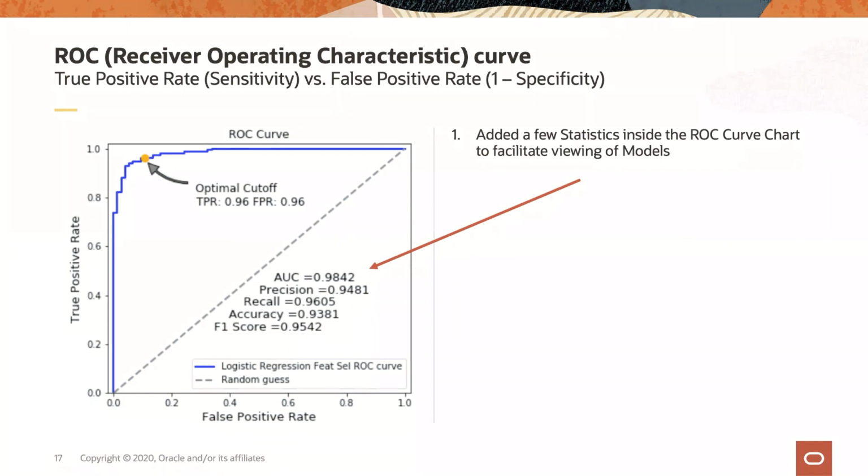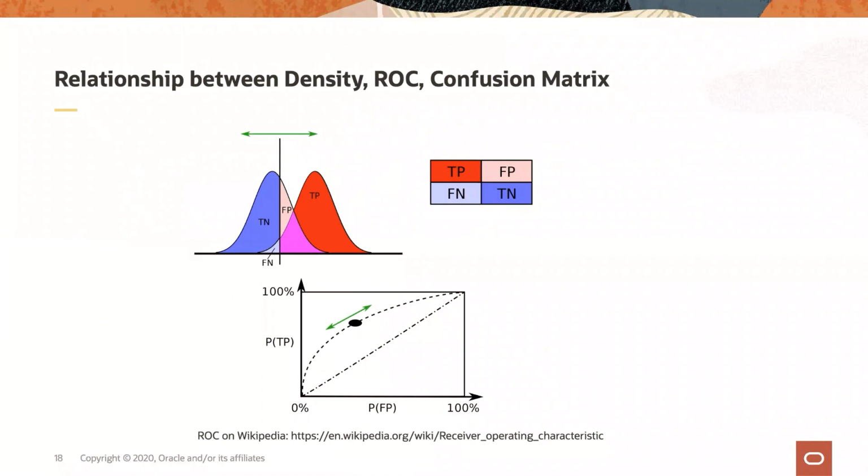Okay, so based on that, when you think about the relationship between everything we were looking at, we can see there is a relationship with the cutoff point. Remember the distribution chart where we had the true negatives and the true positive side.